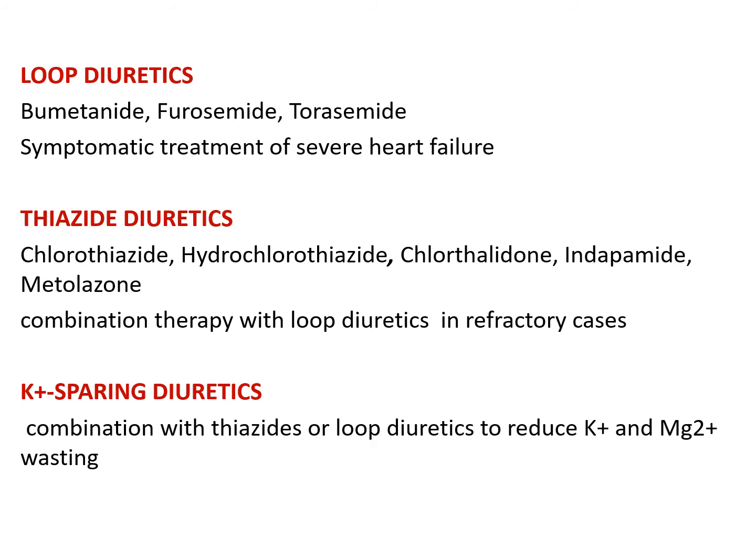Thiazide diuretics are used as combination therapy with loop diuretics only in refractory cases. Loop diuretics are the preferred diuretics in relieving congestive symptoms in heart failure. And potassium sparing diuretics can be used in combination with thiazides or loop diuretics to reduce potassium and magnesium wasting.